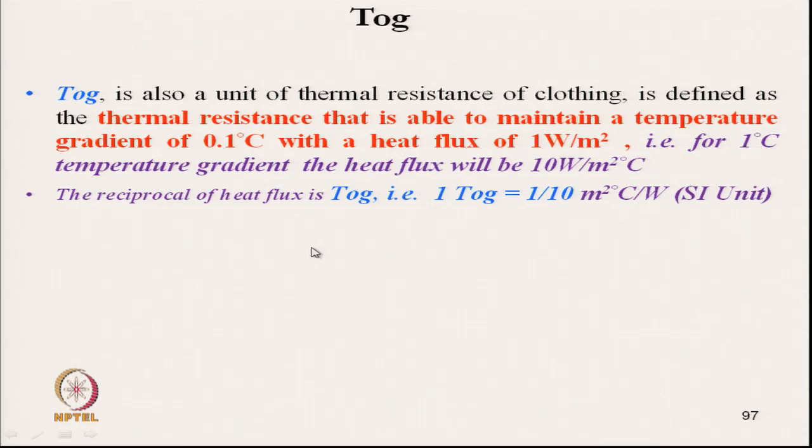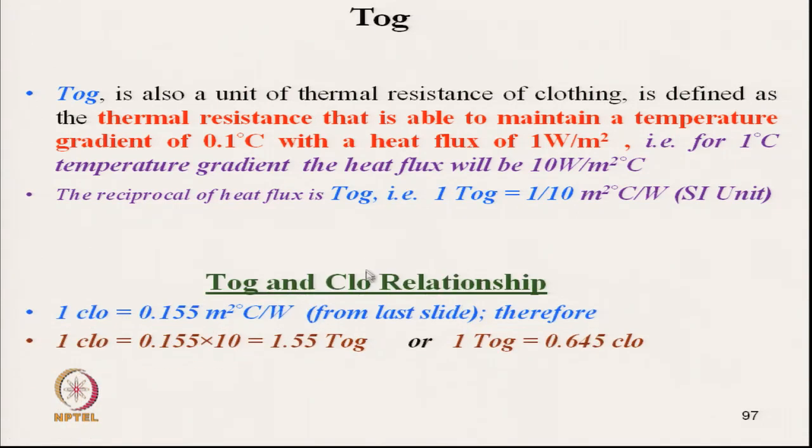That means 1 tog is 1/10 of the SI unit, and 1 clo is 0.155 of the SI unit. So, 1 clo will be this multiplied by 10, which is 1.55 tog. That is the relationship: 1 clo is equal to 1.55 tog.